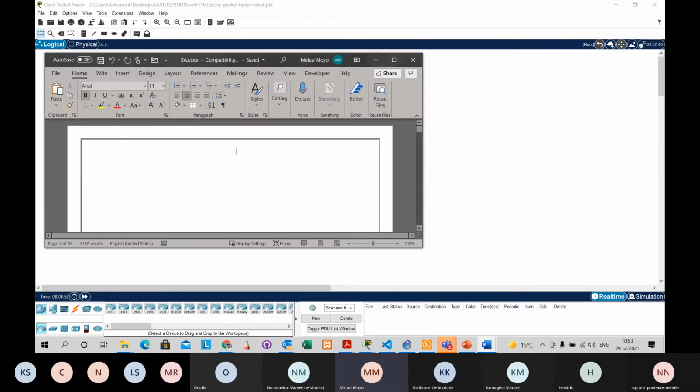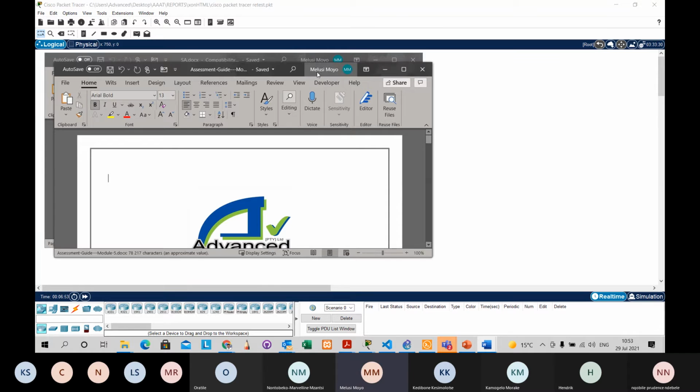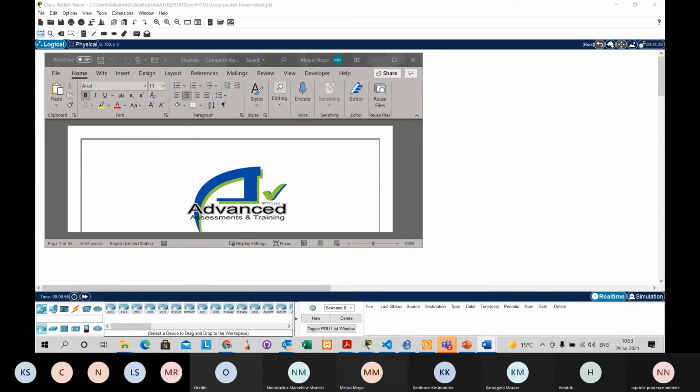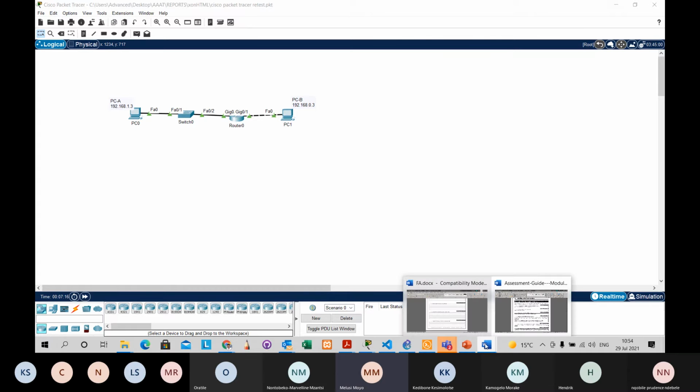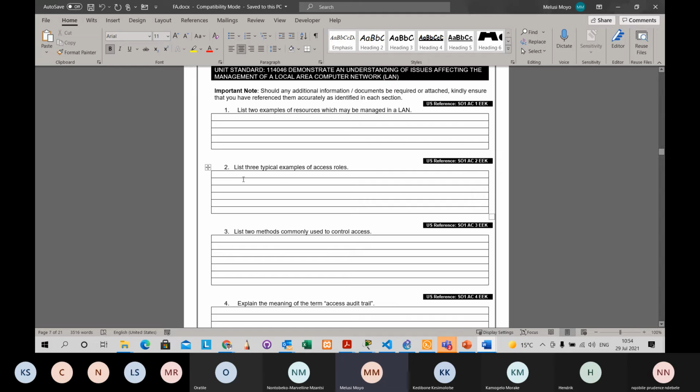I want to break down the access roles, what exactly that is. So list 3 typical examples of access roles. Anyone wants to try?